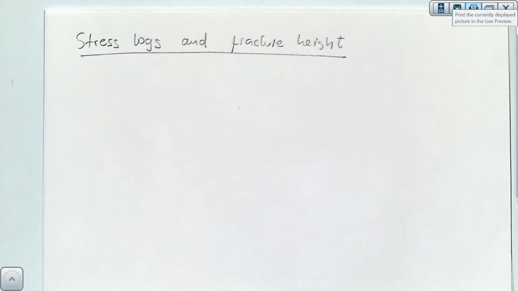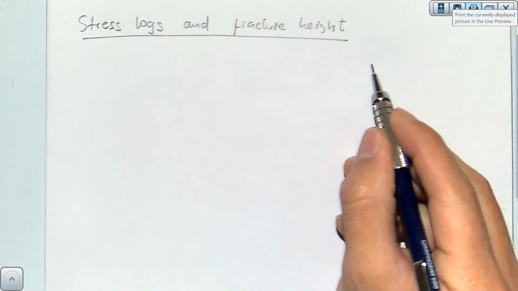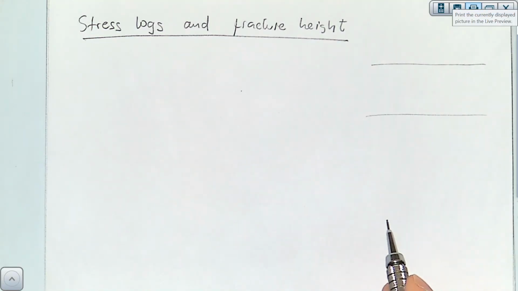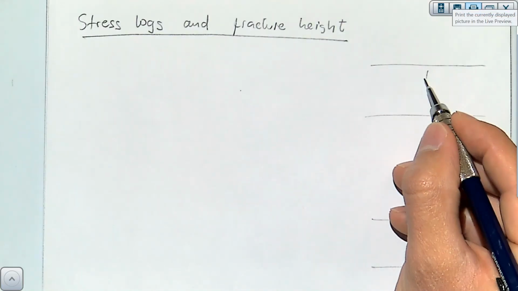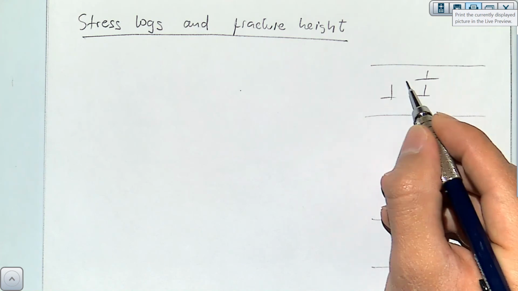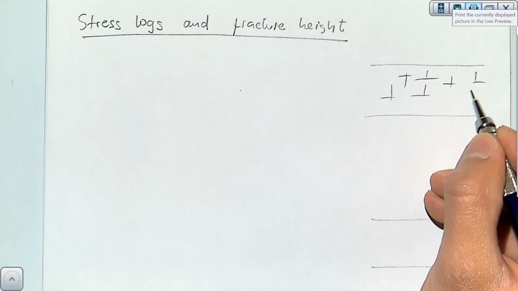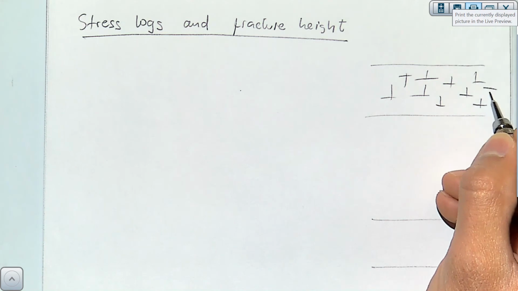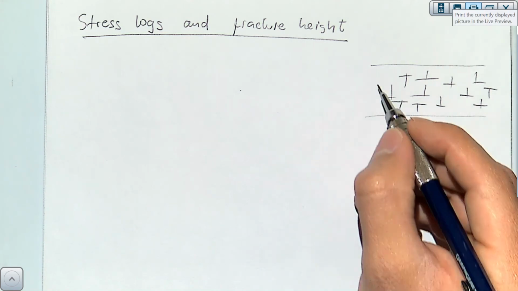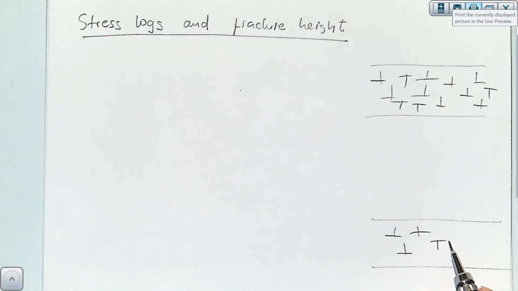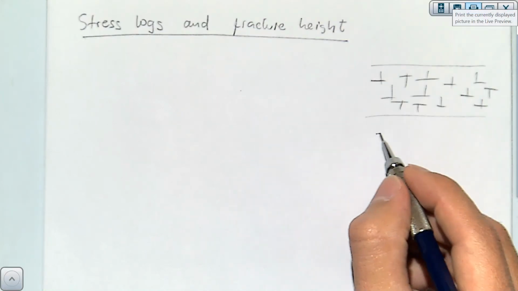And let's see an example, for example, in which we have 3 layers, and I have one layer which is a stiff carbonate over here, and then I have a soft shale.